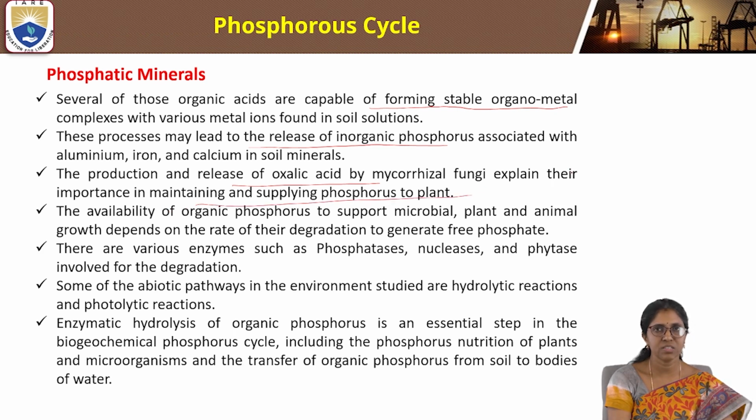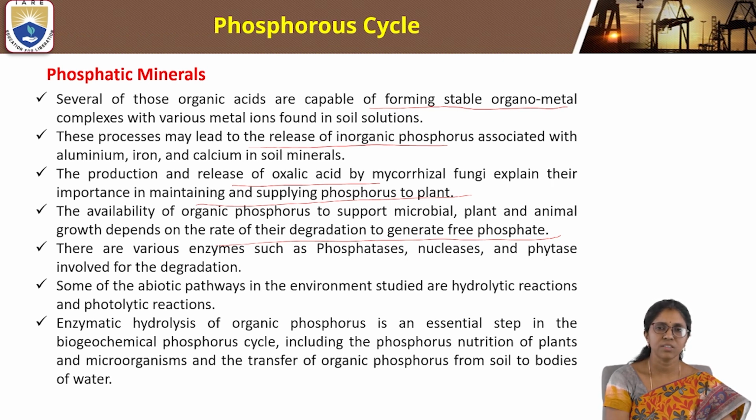The availability of organic phosphorus to support microbial, plant and animal growth depends on the rate of their degradation to generate free phosphate. There are various enzymes such as phosphatases, nucleases, and phytase.